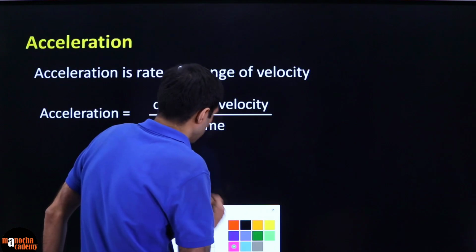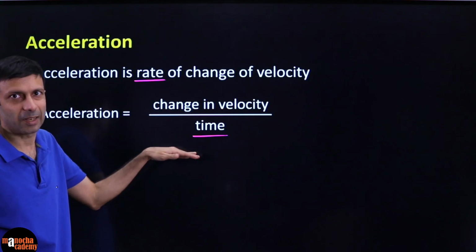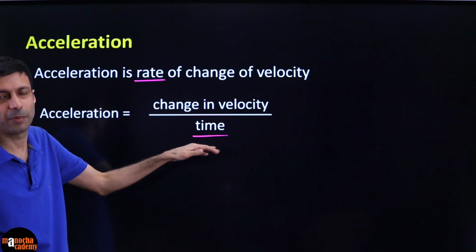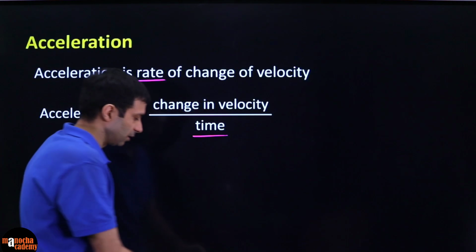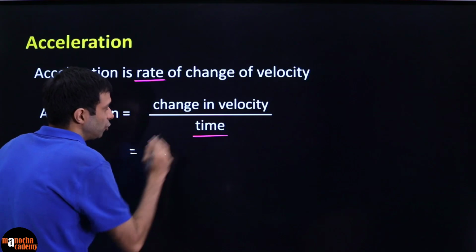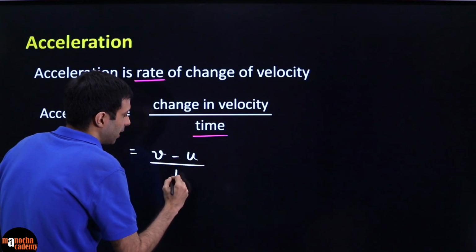So acceleration is the rate of change of velocity. Whenever you see this word rate, it means you are dividing by time. So acceleration is change in velocity divided by time. What does this mean? We can write the formula. The final velocity, change means final minus initial, divided by time.